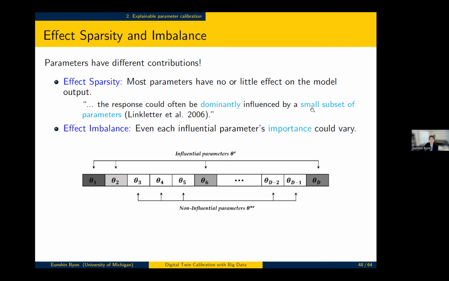Okay? So not all the parameters are important, but some. And even those important parameters have different importance levels. So some parameters are more important, other parameters are less important, and some parameters are not really influential. They don't really influence the output of the digital twin model.